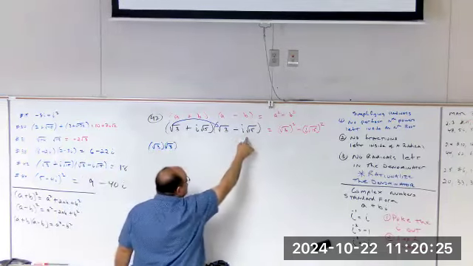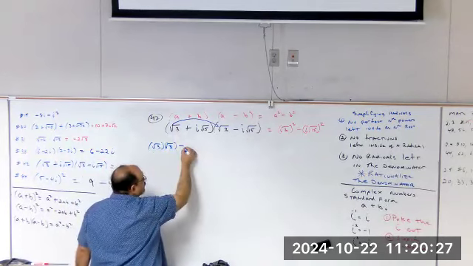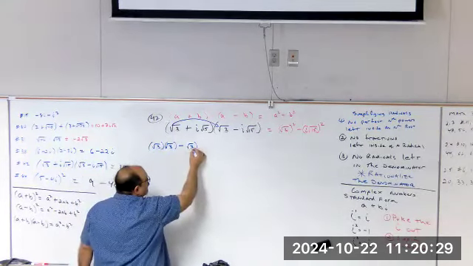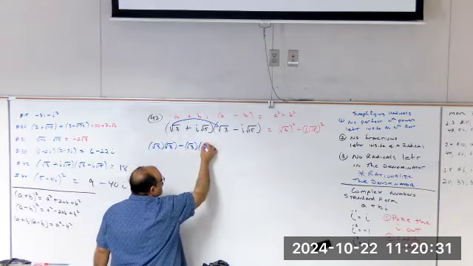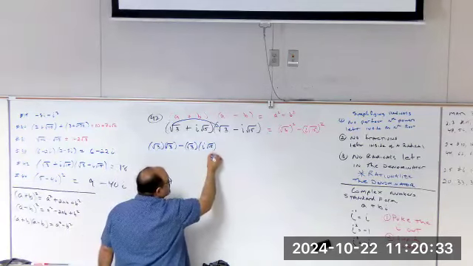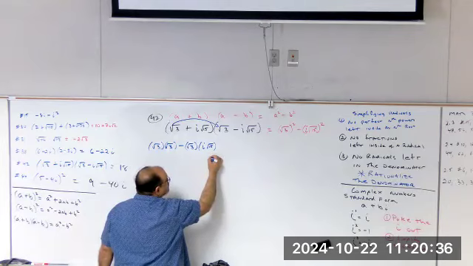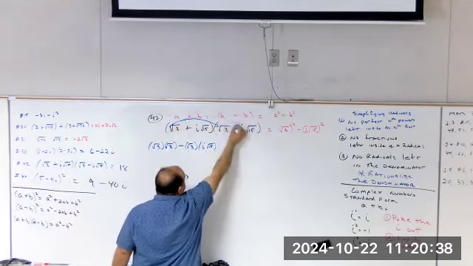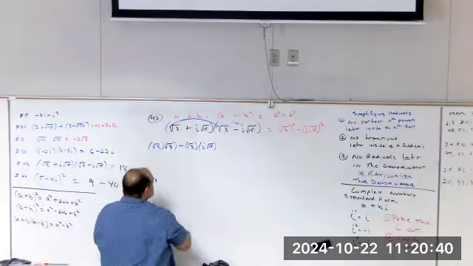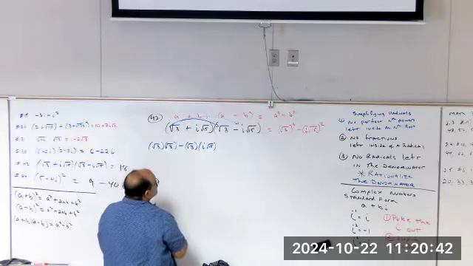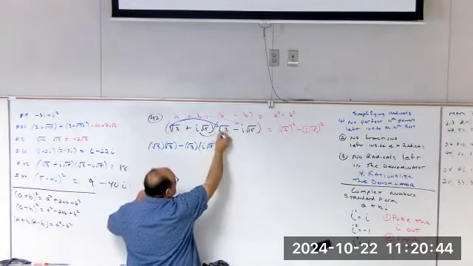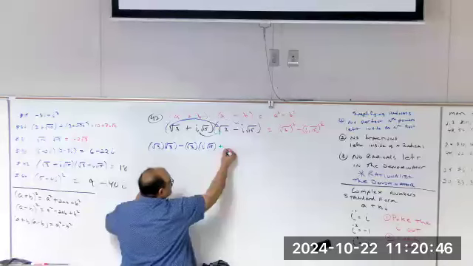And then a positive times a negative is going to be a negative. And we get square root 3 times i square root 15. And then we get a positive times a positive, so that's positive.